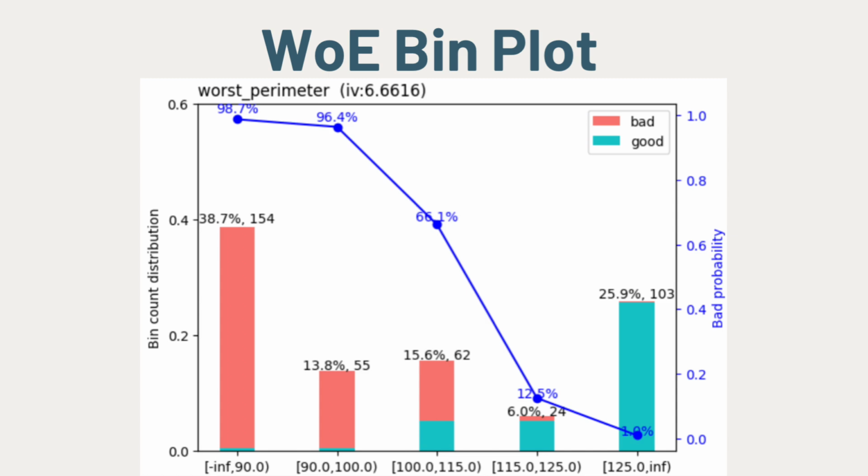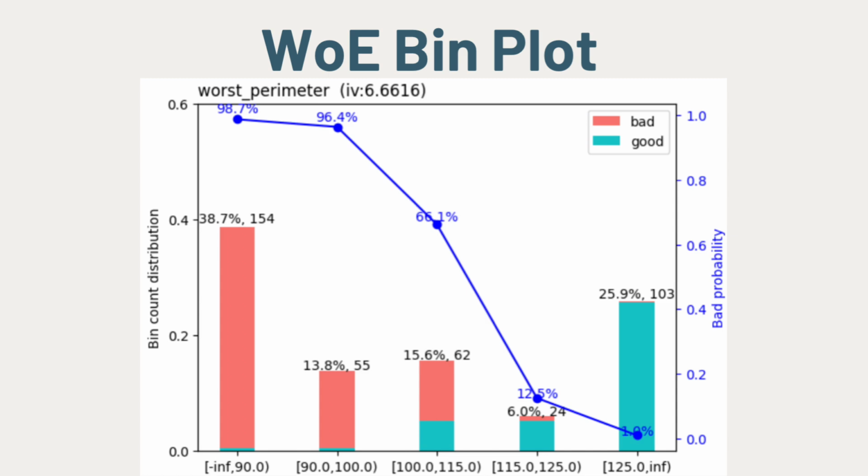Along the y-axis, we see 2 scales, bin count distribution on the left and bad probability on the right. The number on top of each bar shows the bin count distribution. Using the first bar on the left, it means that 38.7% of the sample population has a worst perimeter within -infinity to 90.